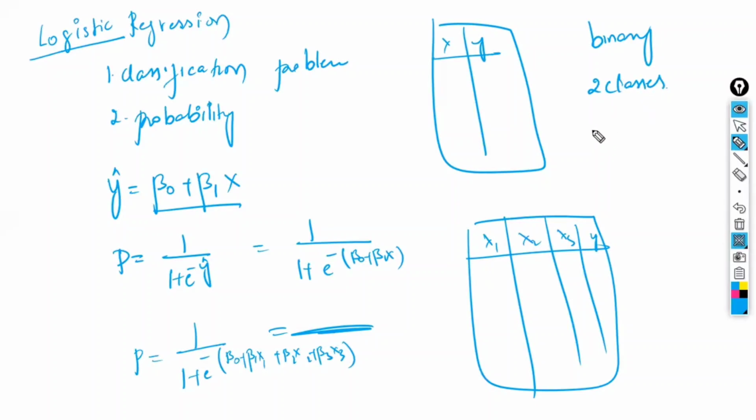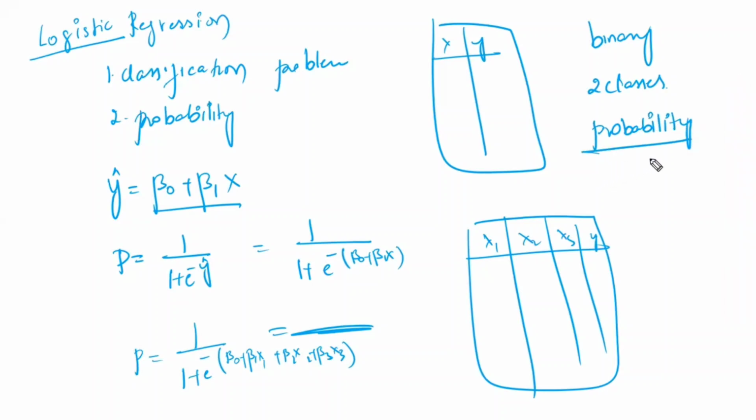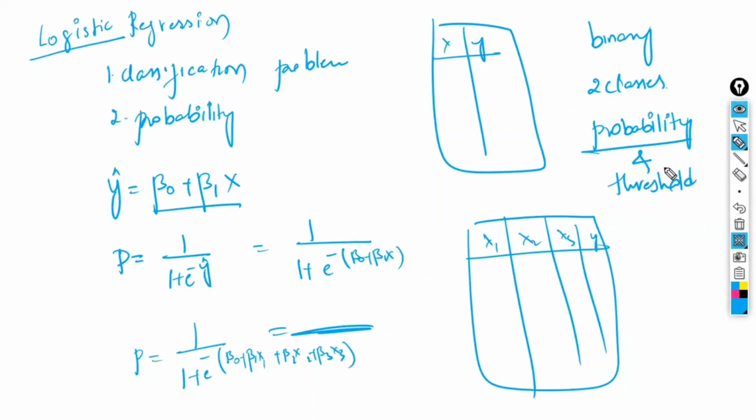Based on the probability value we have got, we decide by selecting the threshold value, and we classify that particular record as belonging to either the 0 class or the 1 class. By default, logistic regression considers a threshold of 0.5, and if you want, you can change the threshold value also.